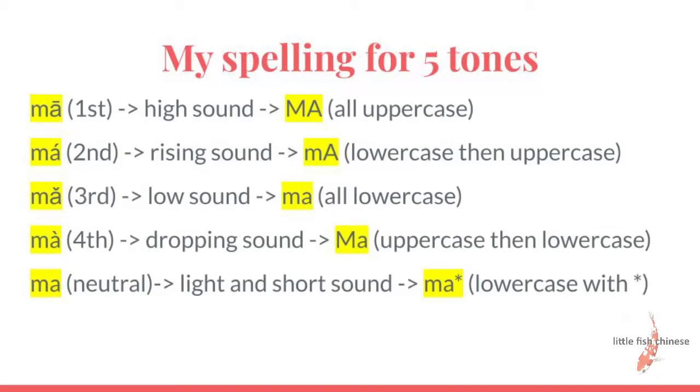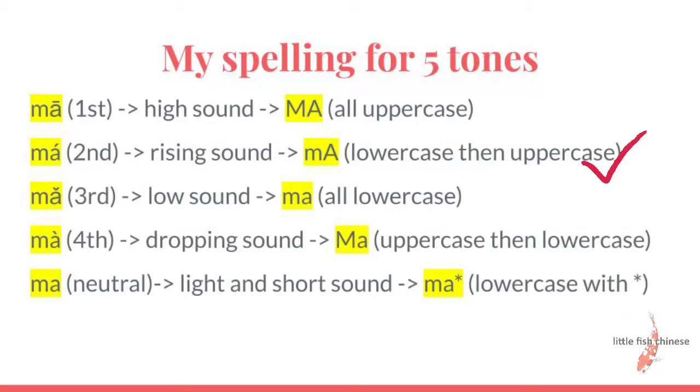Now, in order to reflect the actual sound of the 5 tones, I use a different spelling method. Look at the conversion table. First tone, ma. High sound, all uppercase. 2nd tone, ma.